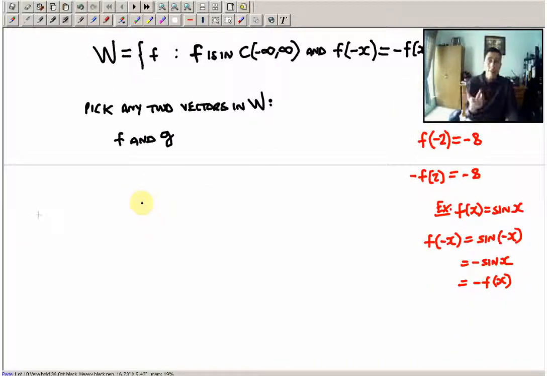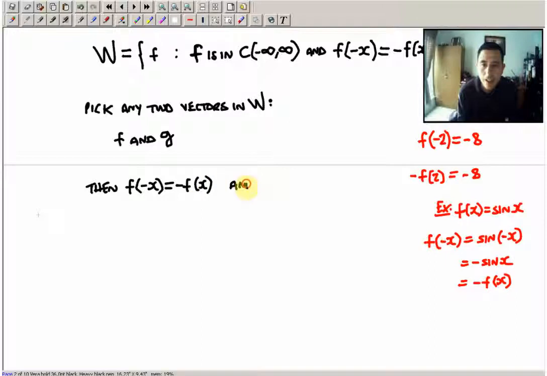Because they're in W, it means that they are odd. It means that f of negative x equals negative f of x, and also g of negative x is negative g of x. That's because they are in W.